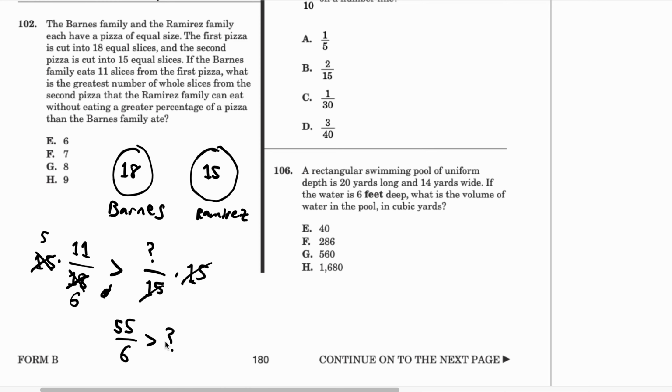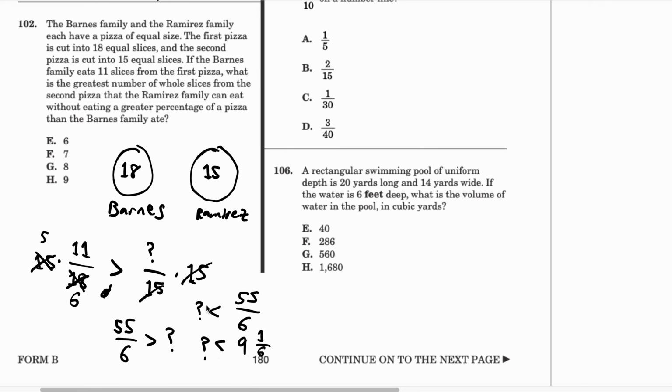Okay, now 55 over 6, so we know 54 over 6 is 9. So in other words, question mark is less than 55 over 6. And so 54 over 6 is 9. So we can write this as 9 and 1 over 6. So our question mark needs to be less than 9 and 1/6.